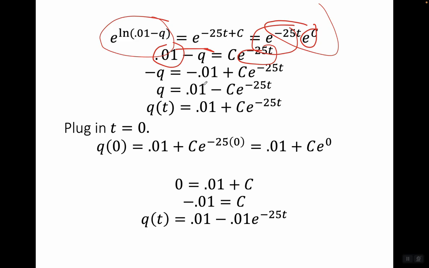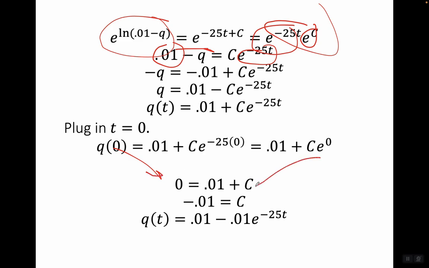Let's plug in our initial value. Plug in t equals 0. We have Q of 0 equals 0.01 plus C e to the negative 25 times 0. That's in other words 0.01 plus C e to the 0. We already know what Q of 0 is. Q of 0 is just plain 0.